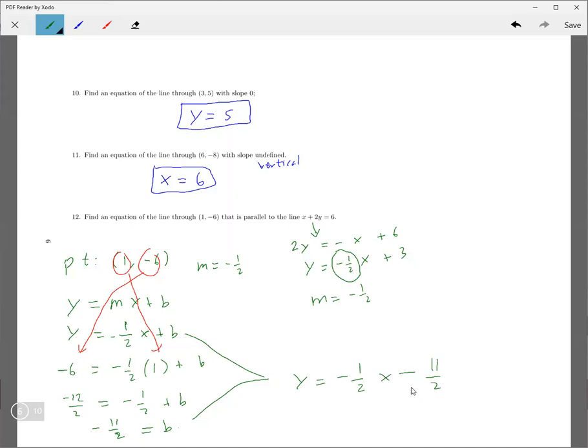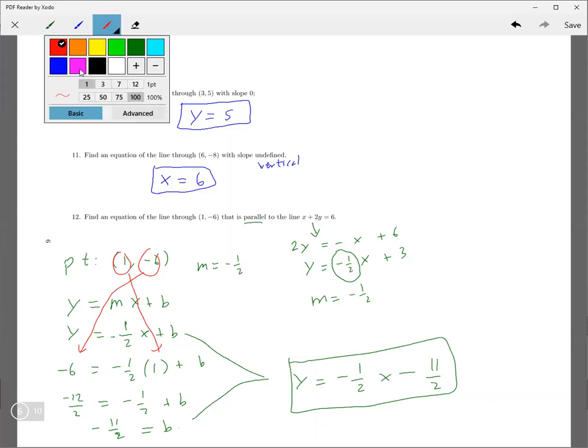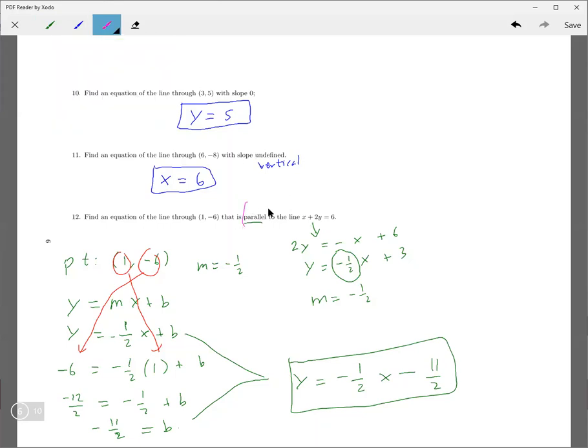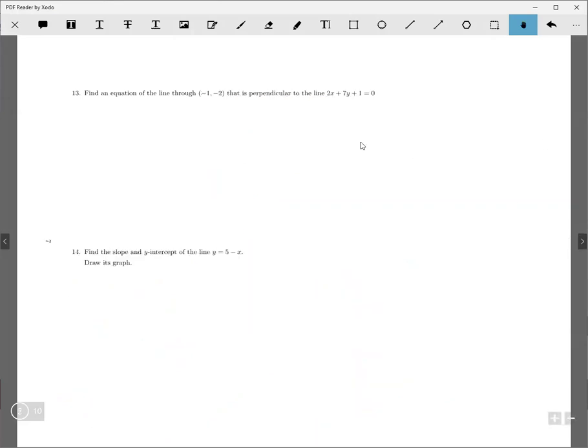Okay, -1/2 x minus 11/2 is your equation. Okay, that's for parallel. So for parallel lines, that means that these are going to be the same. Okay, let's go to the next exercise.